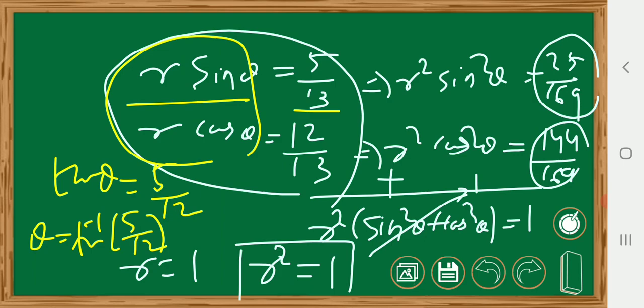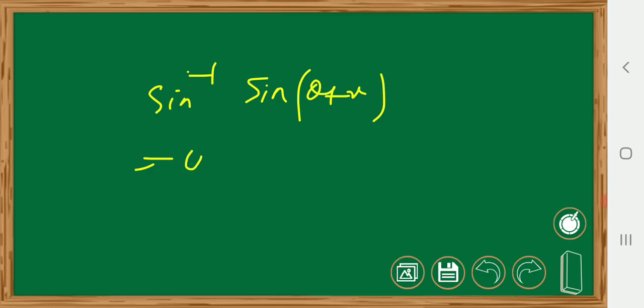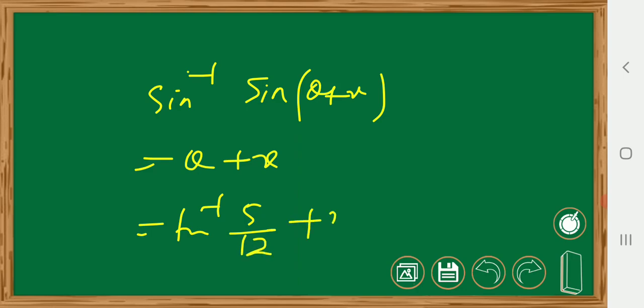So how to simplify this type of function, like this sin inverse sin(theta + x)? That is nothing but theta plus x. Here theta is equal to tan inverse 5/12, so the answer is tan inverse 5/12 plus x. And this is your simplest form, and this is your answer. Okay, clear?